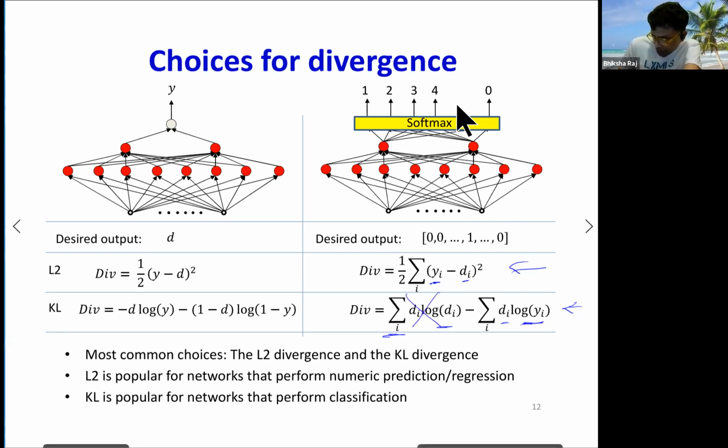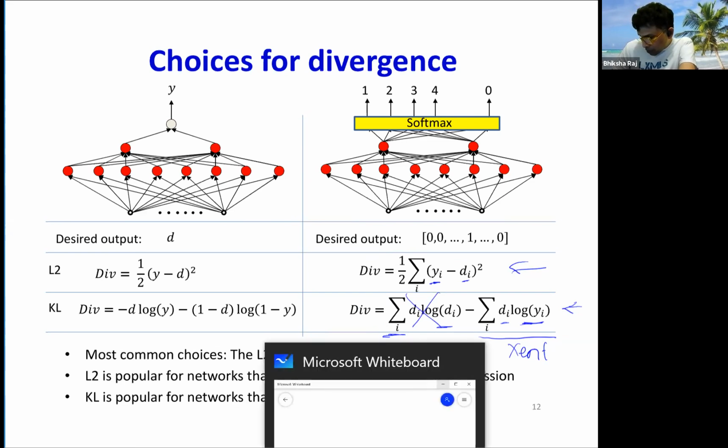We can generally ignore the first term because it's not a function of the network parameters. And the second term over here is going to be your cross entropy loss. Now, both of these divergences are well behaved and convex with respect to the output of the network.